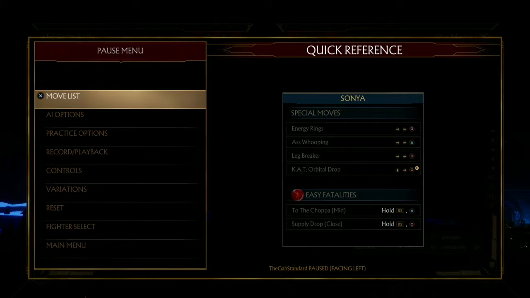Since the latest patch, they fixed that now in most cases, not with every character. But yes, that is the general thing on frame data.